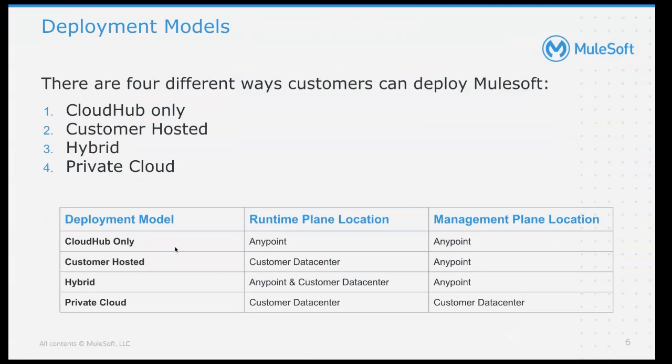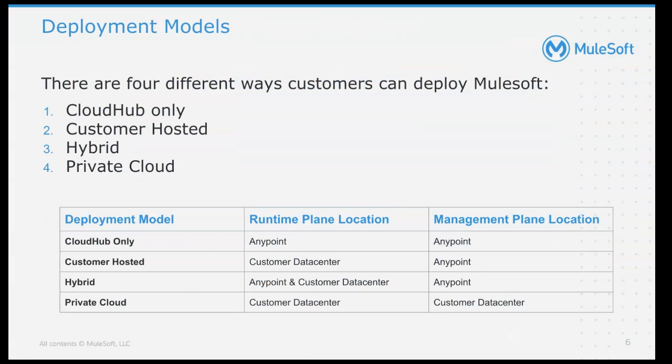So we say that the customer is CloudHub only when the runtime plane location is on our Anypoint platform as well as their management plane. So their applications are running on our CloudHub as well as their management plane is on CloudHub as well. Next, we talk about customer hosted, right? In customer hosted data centers, all the Mule applications are running on a customer hosted environment.